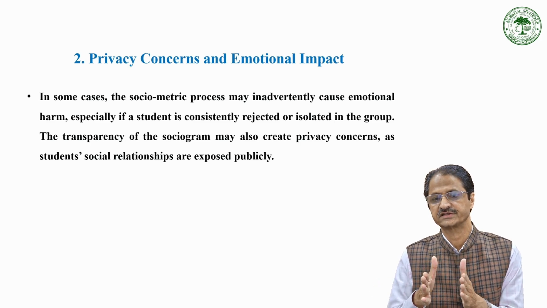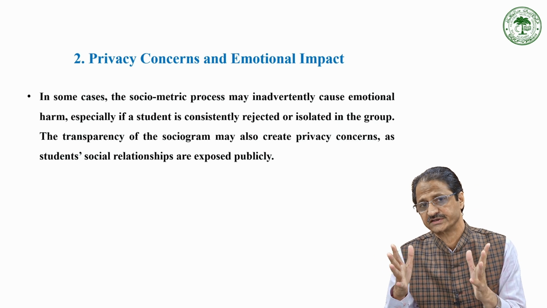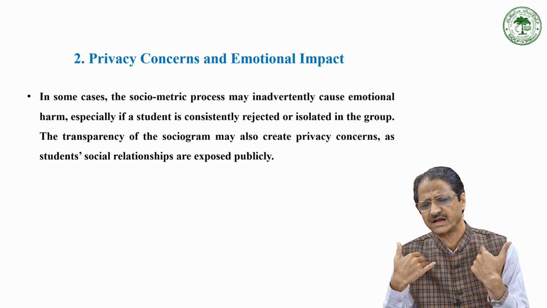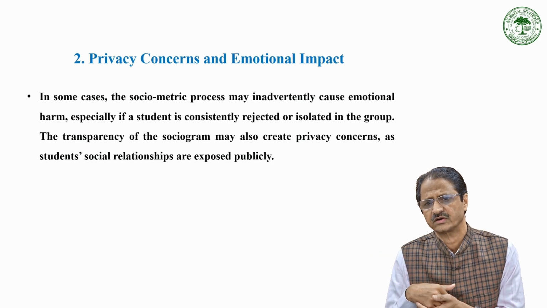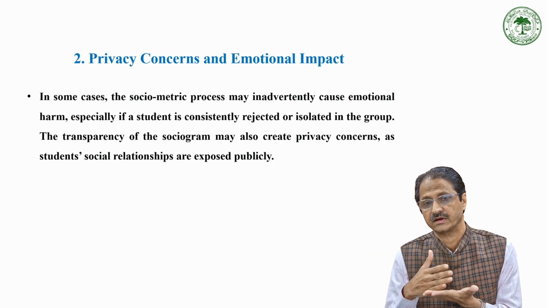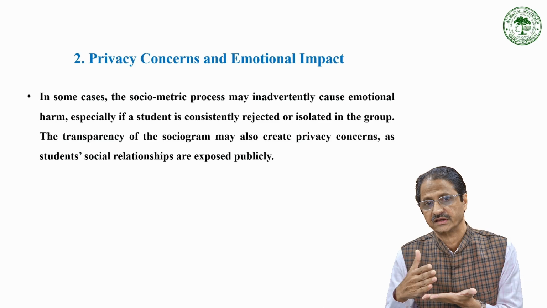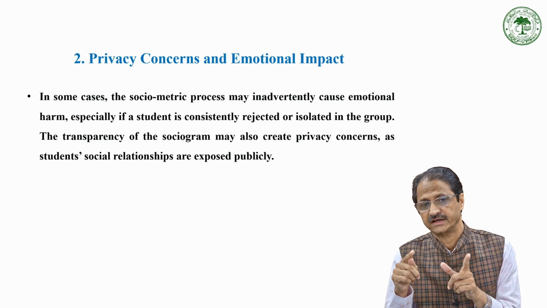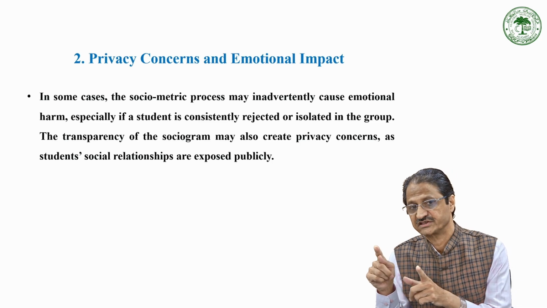The transparency is, if someone is rejected on many occasions, then it can lead to emotional impact or emotional trauma or instability in the individual, and it is also related to privacy concern.